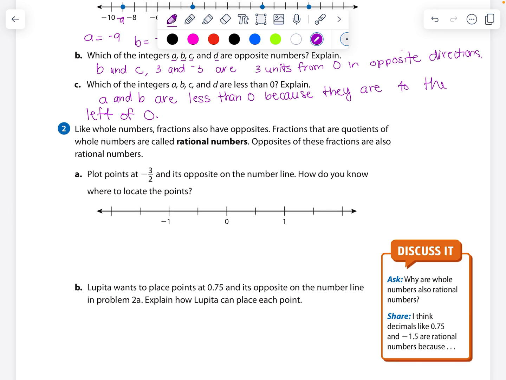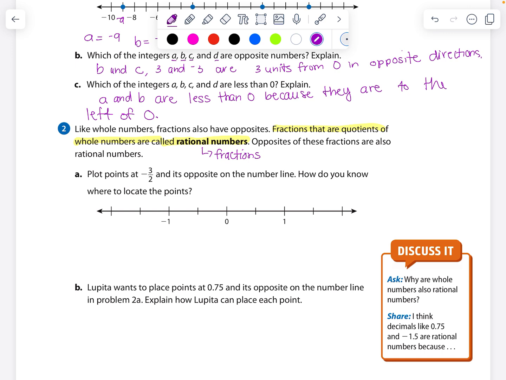Like whole numbers, fractions also have opposites. Fractions that are quotients of whole numbers are called rational numbers. Opposites of these fractions are also rational numbers. So fractions that are quotients of whole numbers really is a fancy way to say fraction. Rational numbers are fractions, and also any number that can be turned into a fraction.